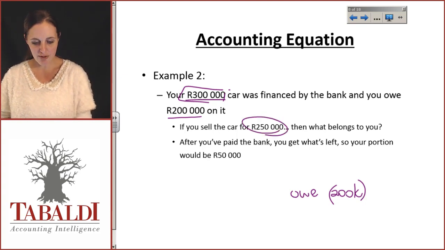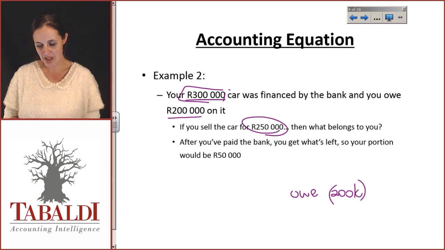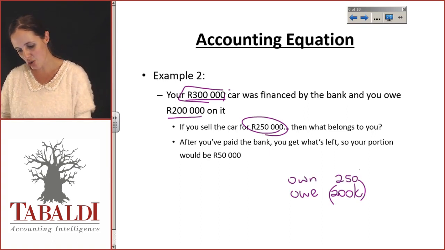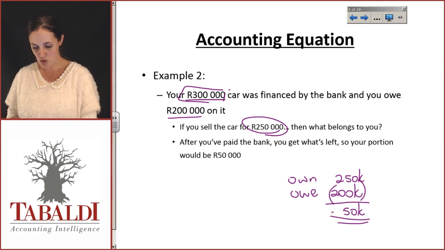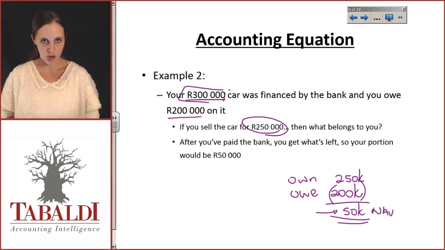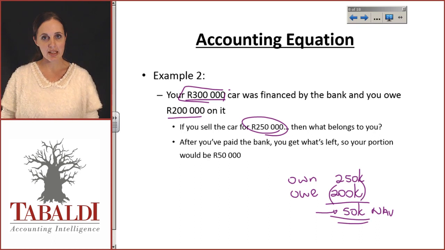Well, if we sell the car for 250, then it means that the car is only worth 250, which means that what you own is only able to be valued at 250,000 Rand, which means your net asset value is 50,000. So in this case, what's really yours, your net asset value or your equity, would be what you own, which is the value of 250,000 Rand, minus your 200,000 Rand liability, the money that you owe the bank.